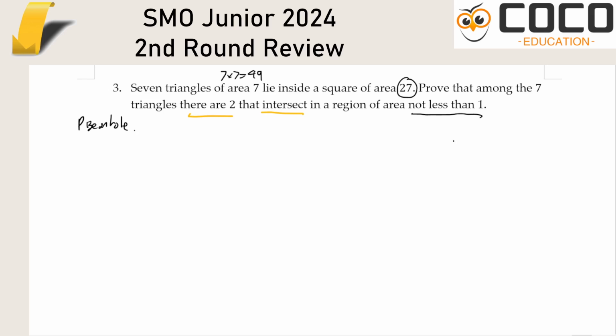So my idea is as follows. The square is like this. Now imagine we just have some triangles, taking up about a quarter of the area, so I'll just try to draw some triangles. This is not very to scale. If I try to space them out such that they only intersect each other a little bit, then what I'm claiming is that you will not have enough space after a while.